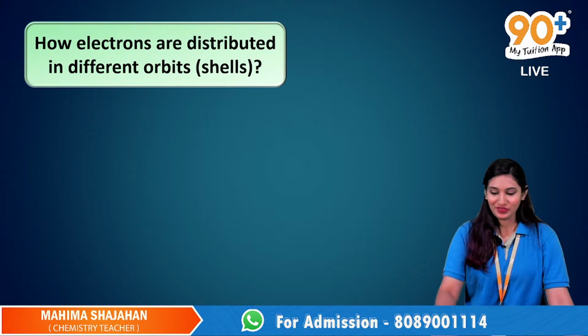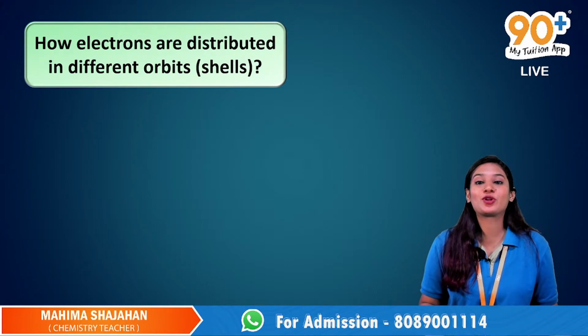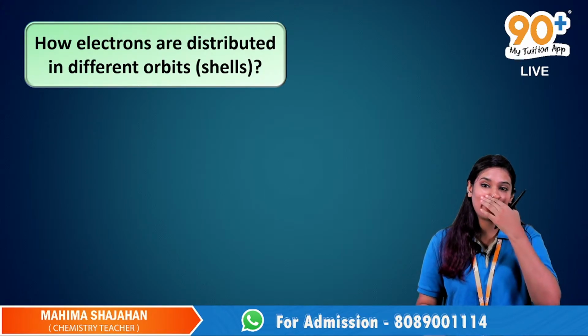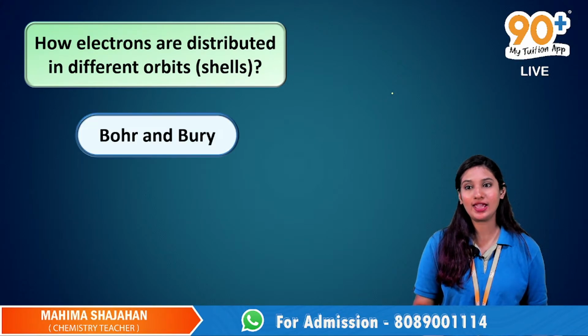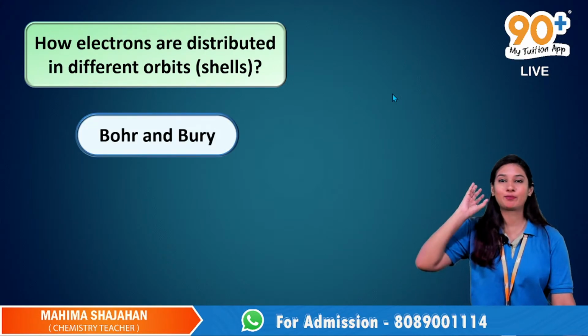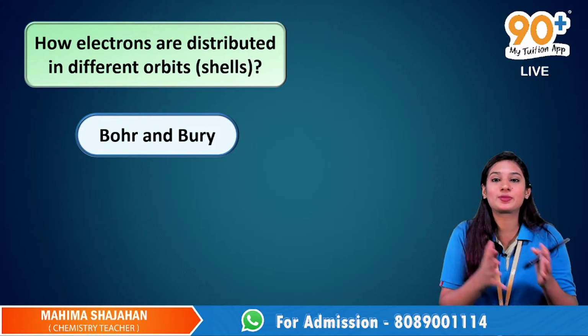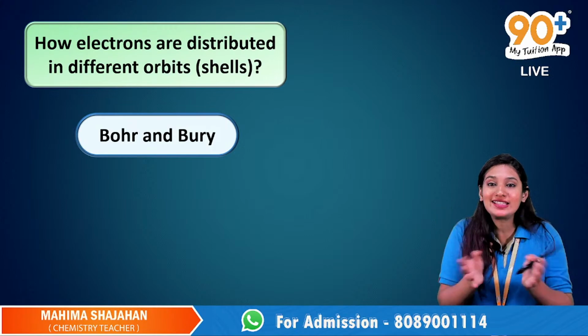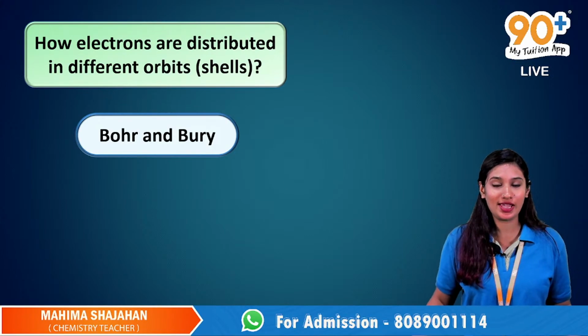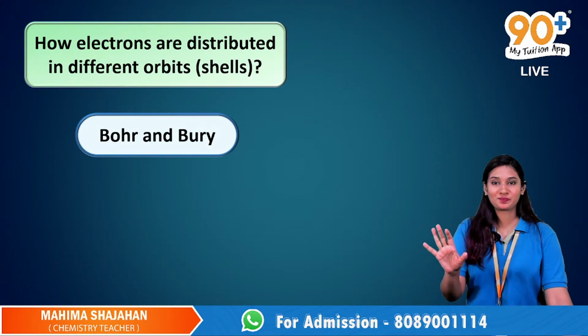The arrangement of electrons was suggested by two scientists, Bohr and Bury. They put forward some rules for how electrons are arranged in shells. So shall we see the rules?